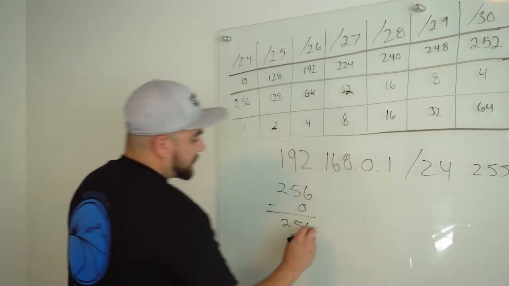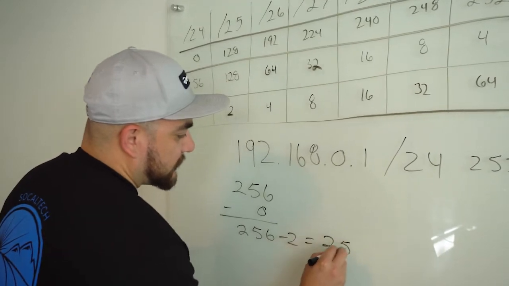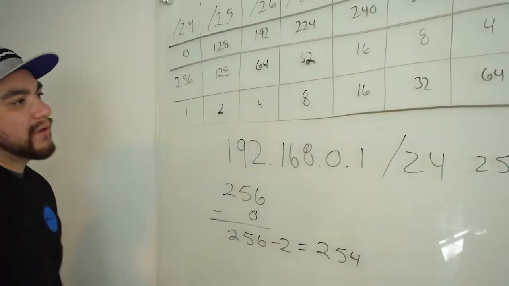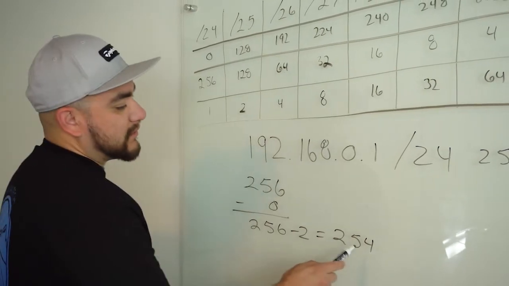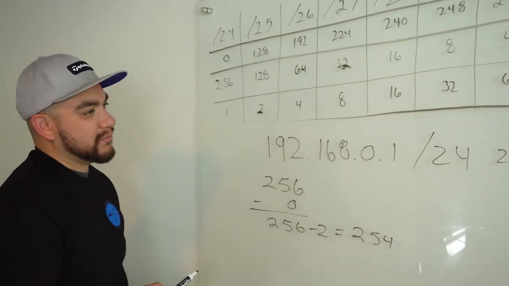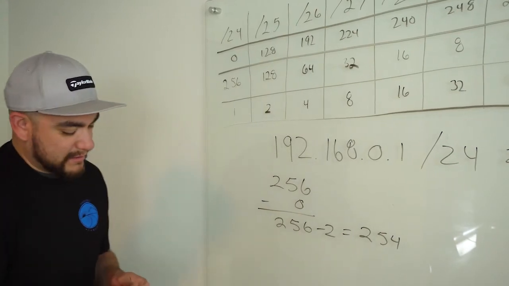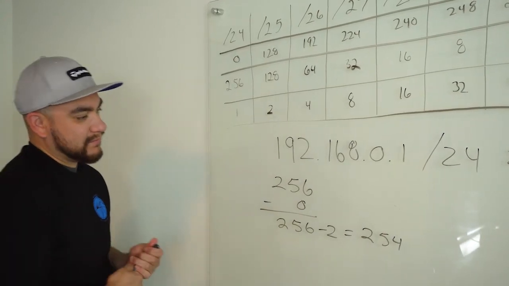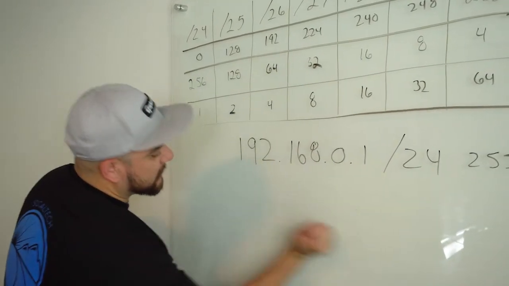I subtract 2. I get 254. Okay. Within the /24 subnet, I have 254 usable IPs. So let me demonstrate where this number comes from, and the 256 as well.